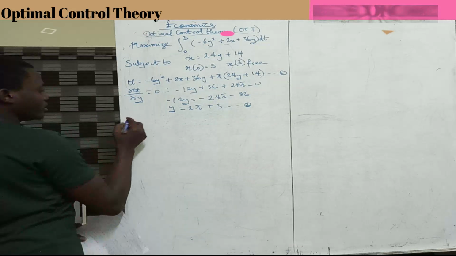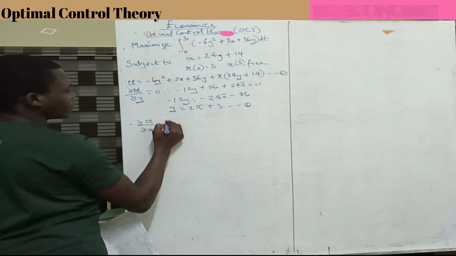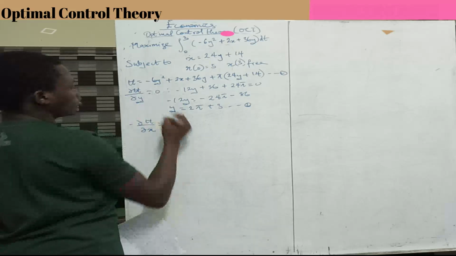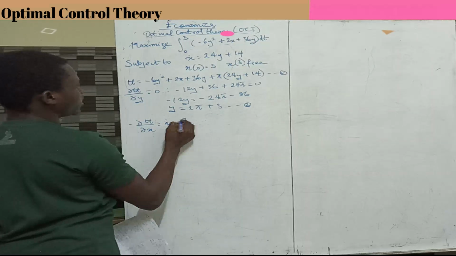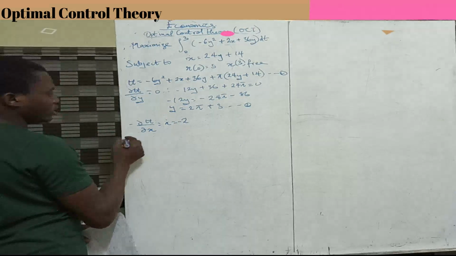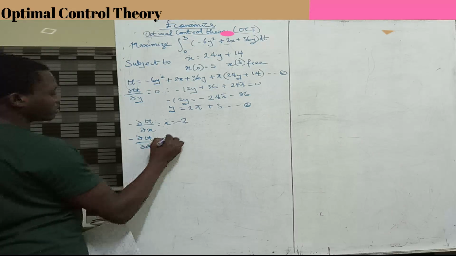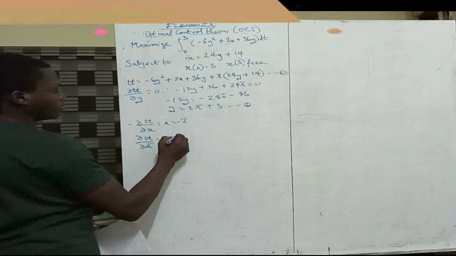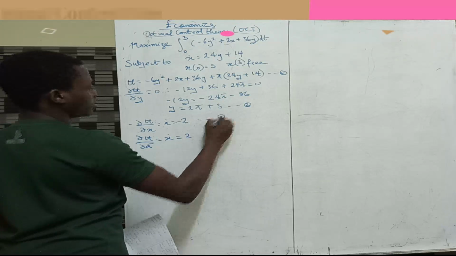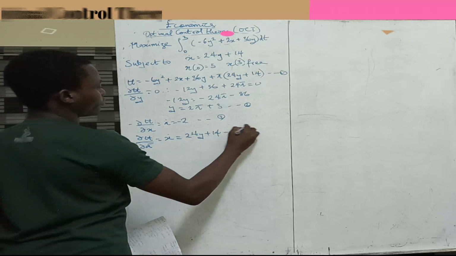So the next thing is to find minus the H over dx, which is going to give us lambda dot. So minus the H over dx is minus 2. The next one is the H over d lambda, which gives us x dot, which is 24y plus 14. That is equation 3, 24y plus 14, equation 4.